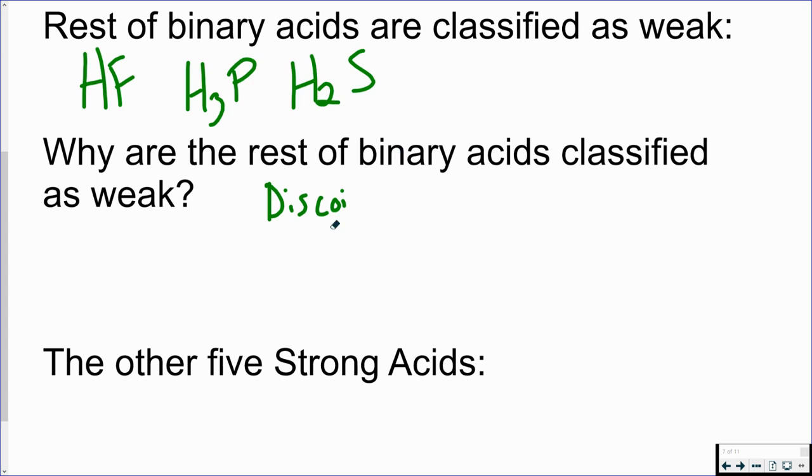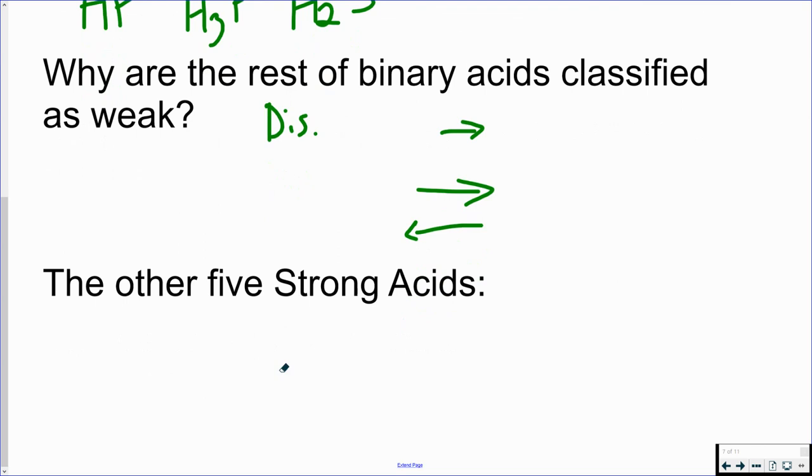The dissociation tells you that it either splits up completely, shown with a single arrow, or it doesn't split up completely, shown with double arrows, meaning that it hovers around where some of them have given off an H and some of them have not.